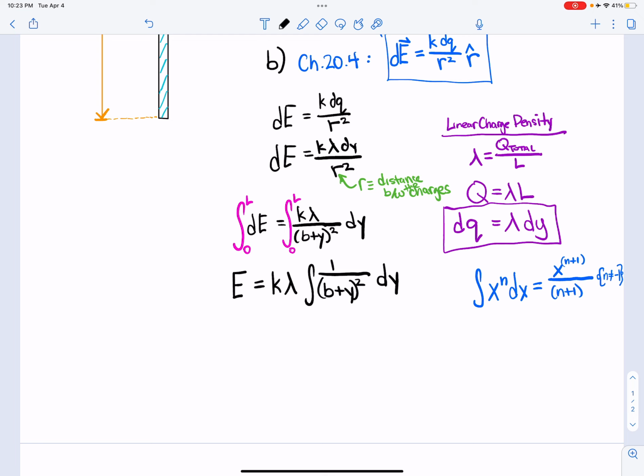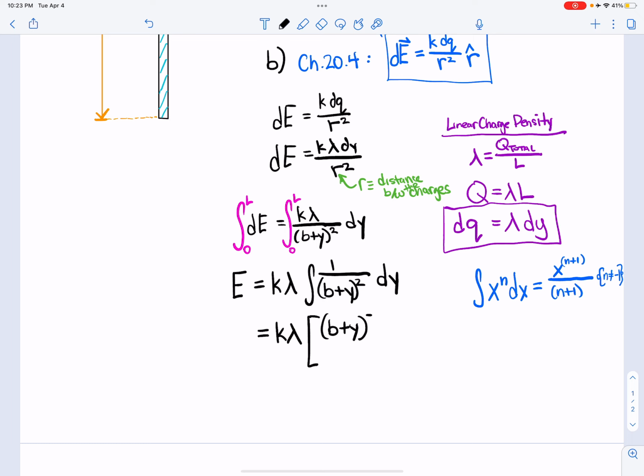So if I solve that, I get k lambda, and the integral of 1 over b plus y squared dy is b plus y to the power of negative 2 plus 1.